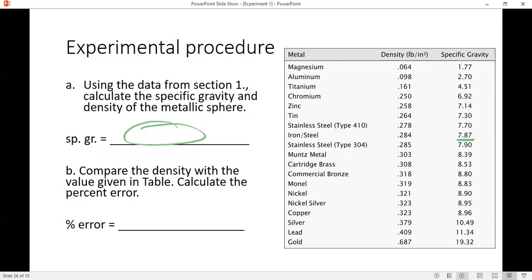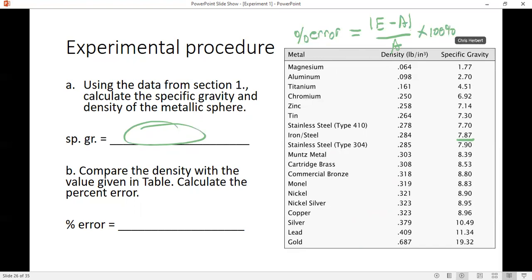Again, do a percent, but this time percent error is going to be equal to, oh, by the way, when I did percent difference, you have to multiply by 100%. So this is going to be equal to the experimental value minus the accepted value over the accepted, and what I left out was 100%.